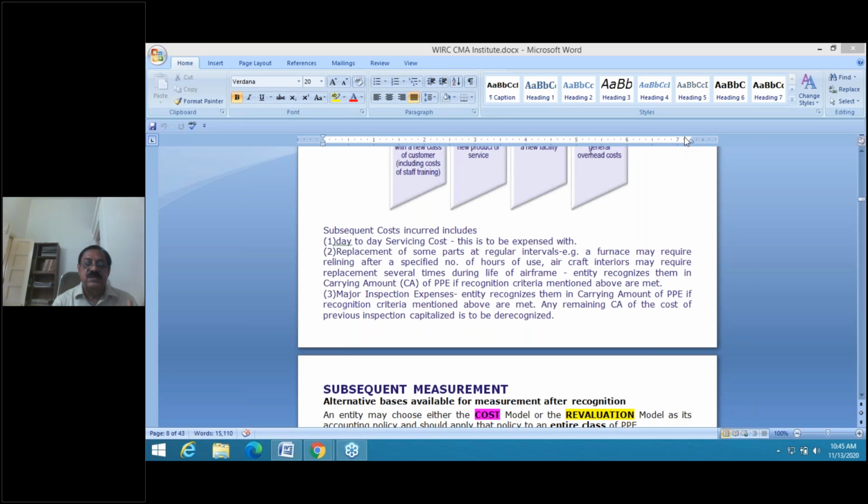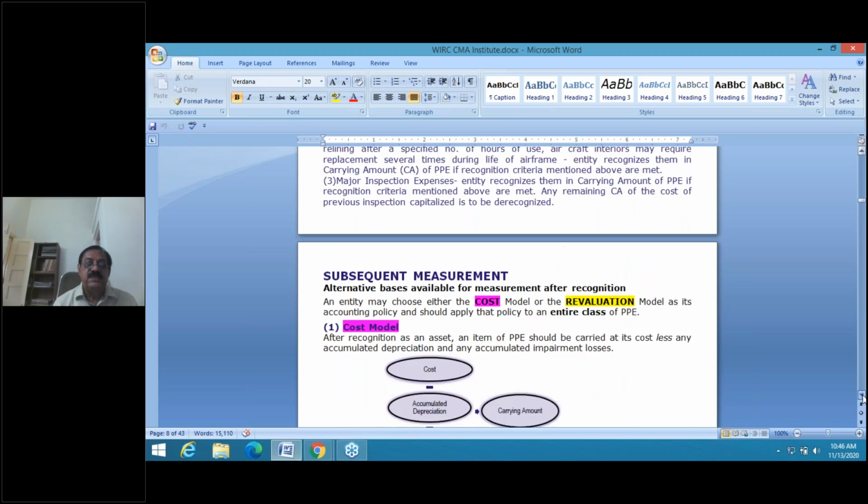Out of the previous one, only 60 lakhs was charged to P&L, amortized. 40 lakhs is still there in the cost of your asset. So what will you have to do? This 40 lakhs you have to debit to P&L, derecognition, and 1 crore you have to add. So from your carrying amount of the asset, 40 lakhs will be deducted and 1 crore of new expenditure will be added. This is the way you have to show it in your balance sheet.